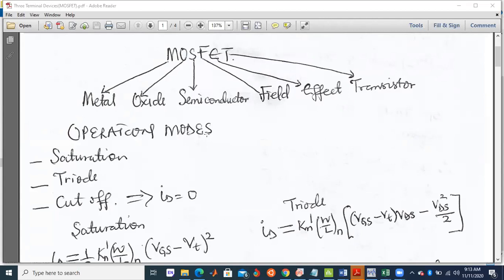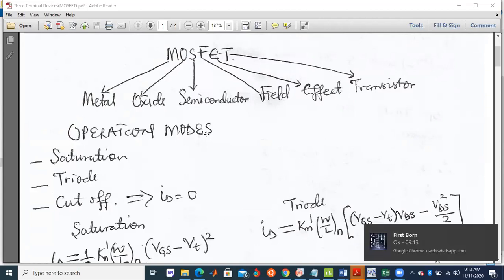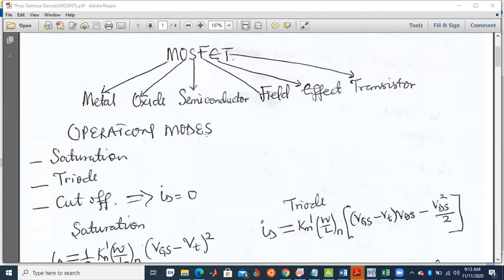Our analysis will be mainly based on the two, because we will have to write the current that flows through this device. They have different formulas, so the formula to be used depends on the region of operation of the device.